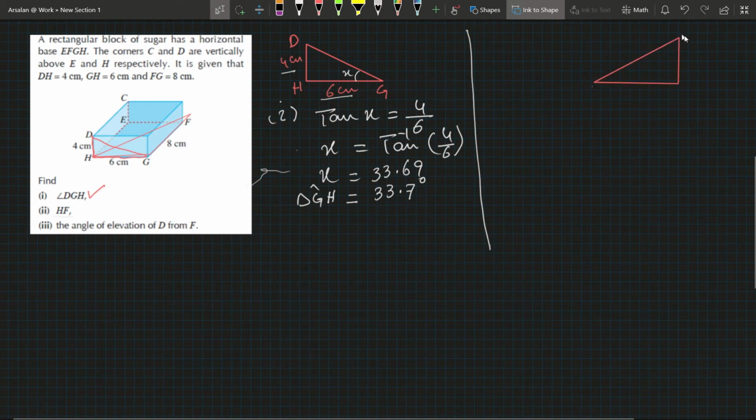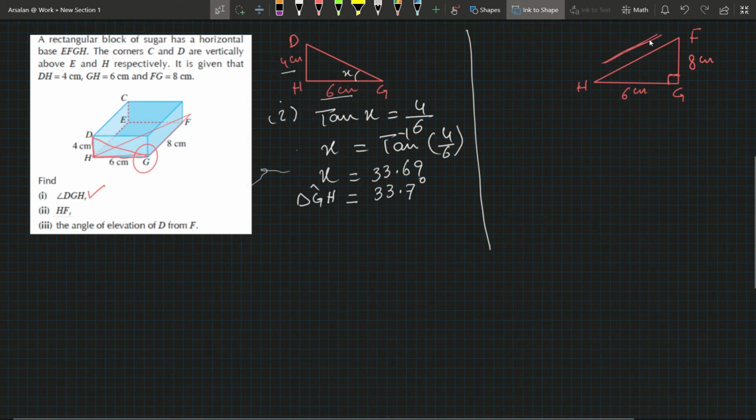The name of the triangle is F, H and G, because the corner of a rectangle is at G, so it is making a 90-degree angle. So HG is 6 cm and GF is 8 cm. It was given, and we need to find the HF length, which is here.